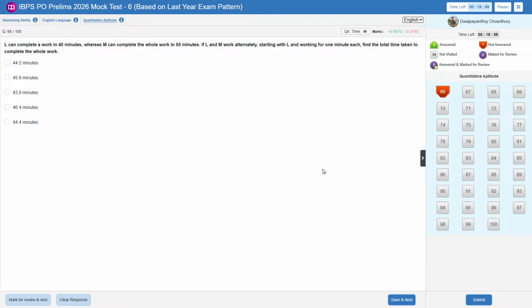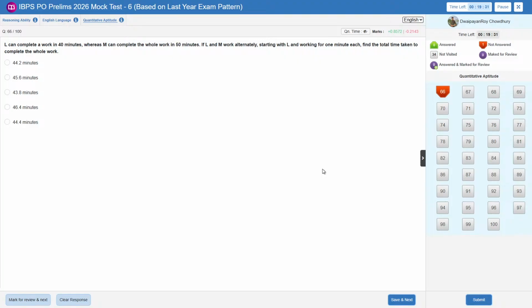L can complete a work in 40. M can do that same in 50. So total work, suppose 200. So 4 and 5. Starting with L. So 9 in 2 minutes to complete the work. So it's going to be 21.